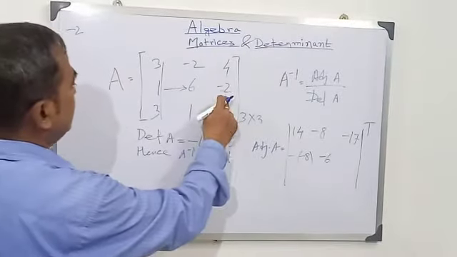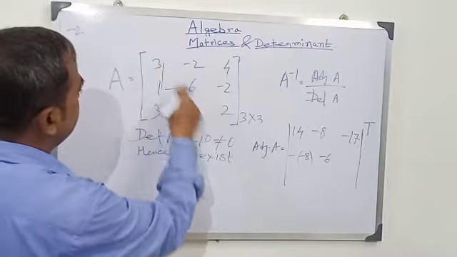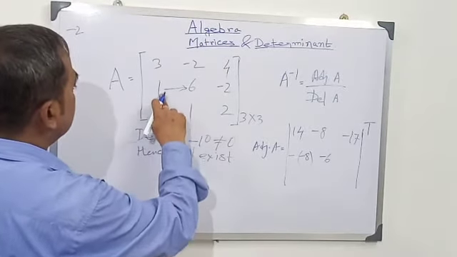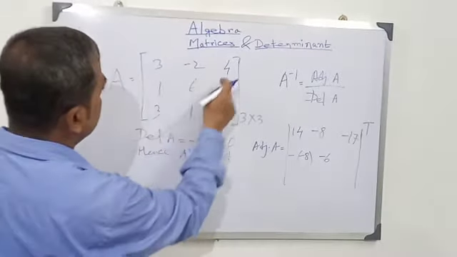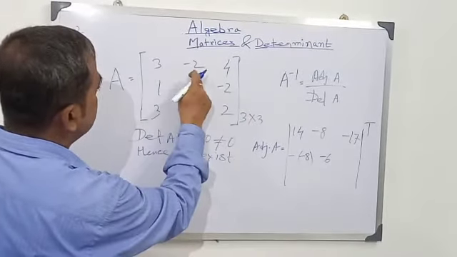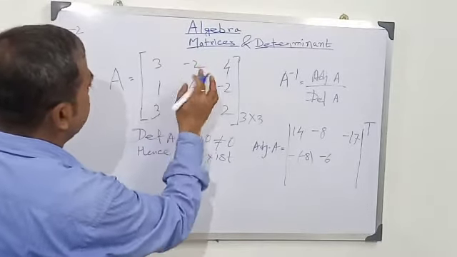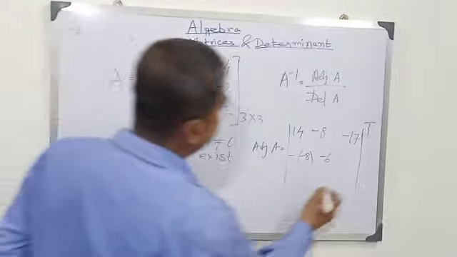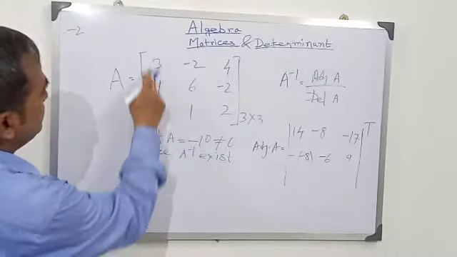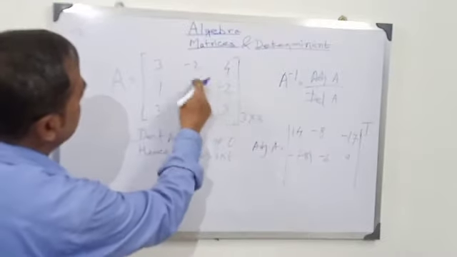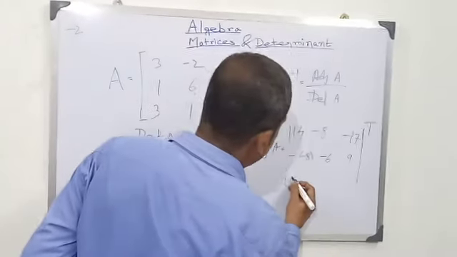Now here our cofactor is becoming, let us remove this, so it will be easier. For this, our cofactor is determinant with this, 3 minus 6, minus of minus 6 plus 6, 9. Plus sign, 9. Here for this we have to remove this too. So this is minus plus 4 minus 24, that is minus 20.